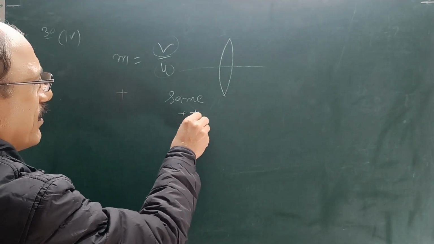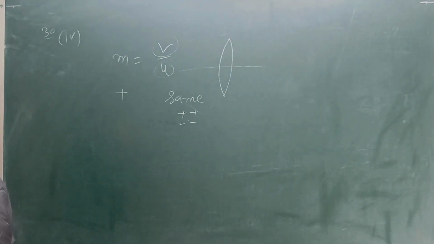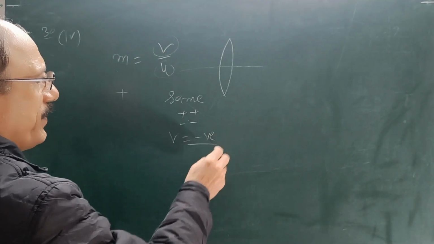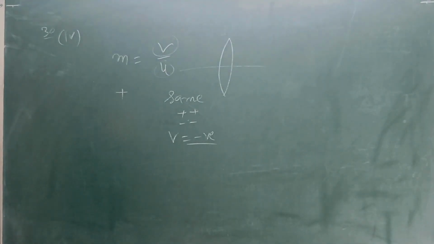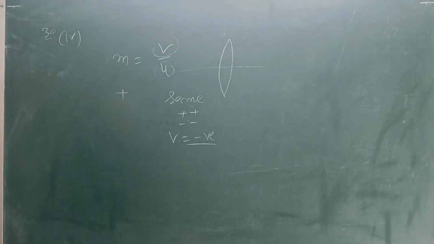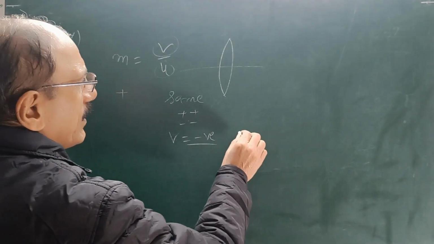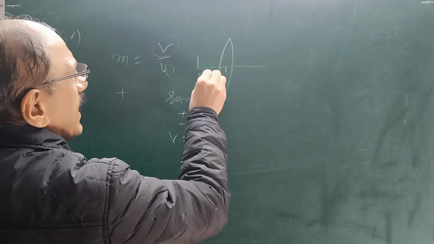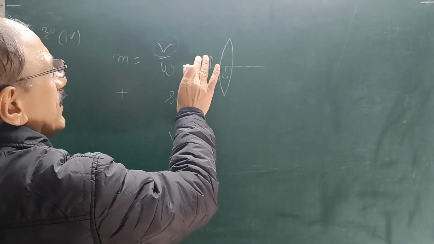Both positive cannot be, because U is always negative. So that means V has to be negative. V is negative only when, if you have drawn the six cases, the object is placed between focus and optical center.